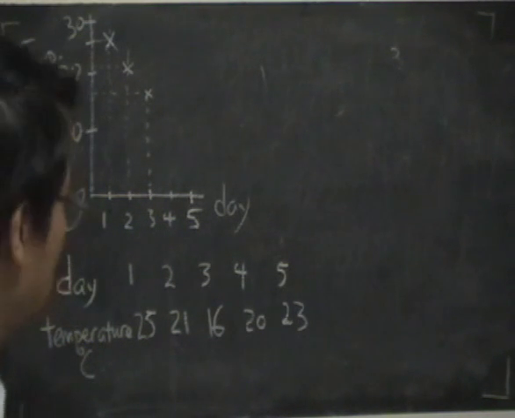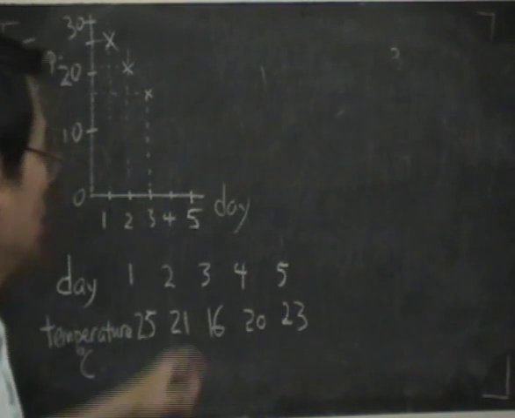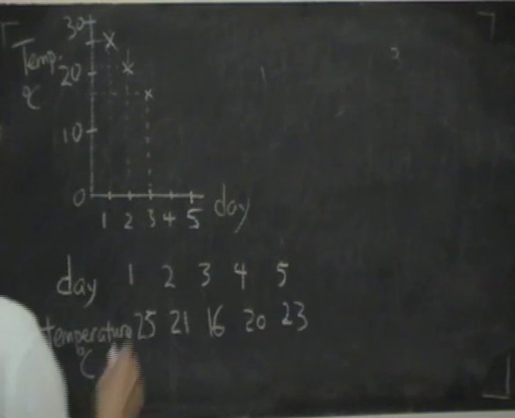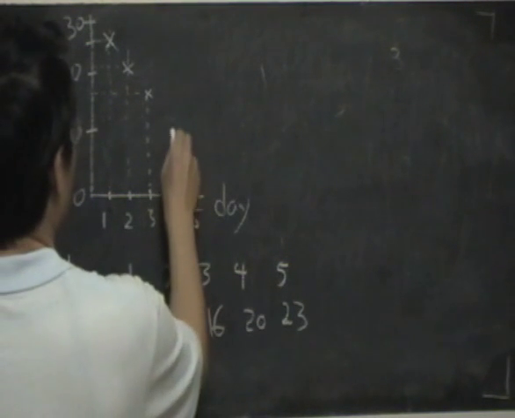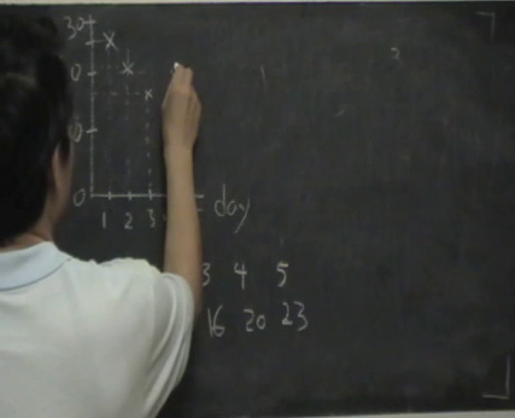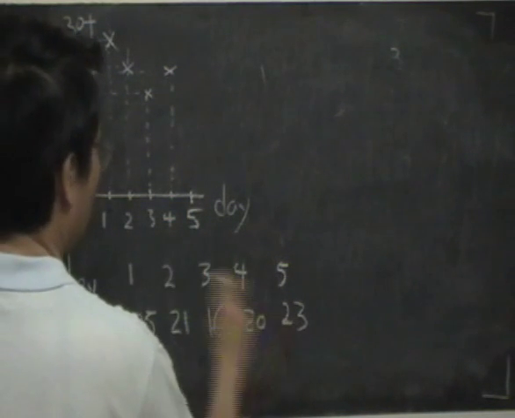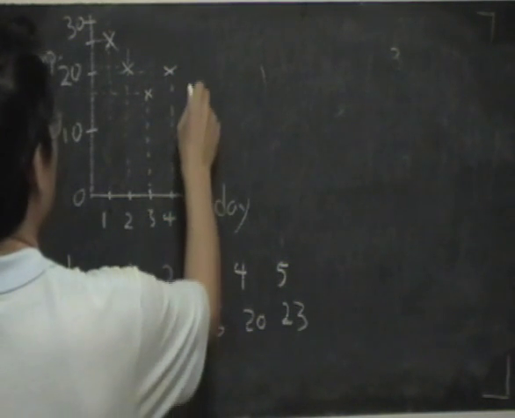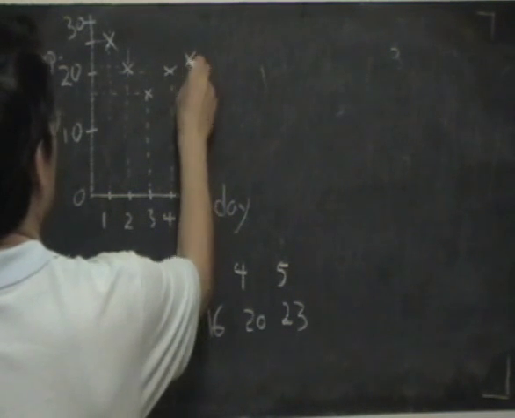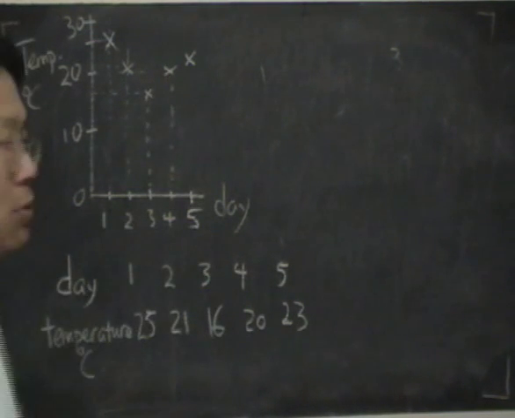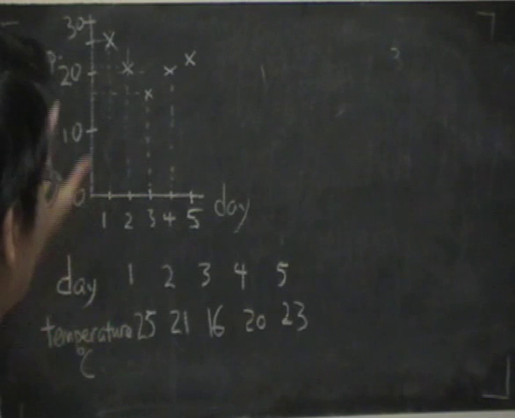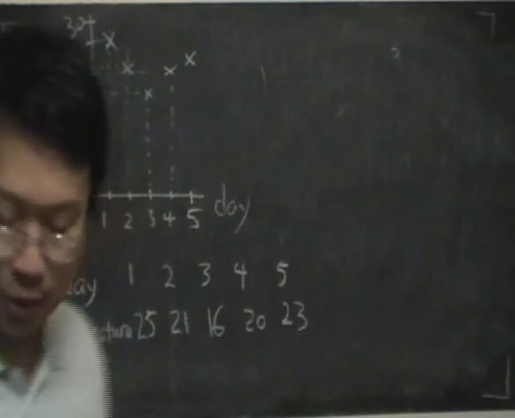So that mark is 3 and 16. 4 and 20 is another mark. 5 and 23. So I have these marks up to 5 points. So that's a graph.